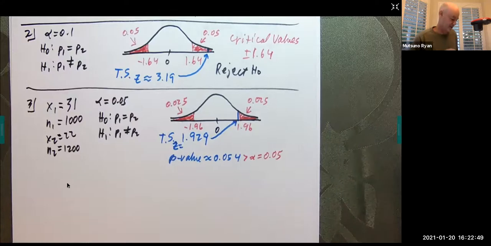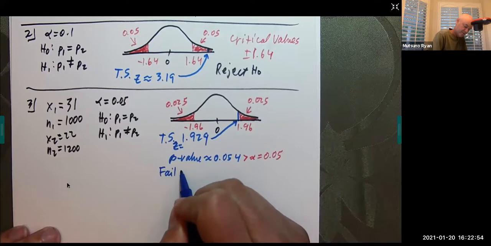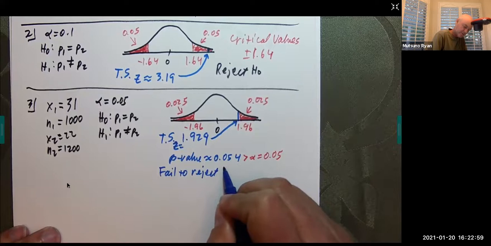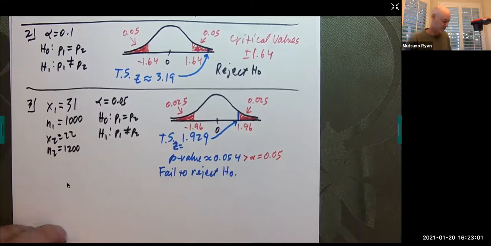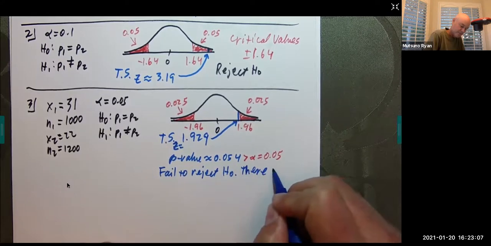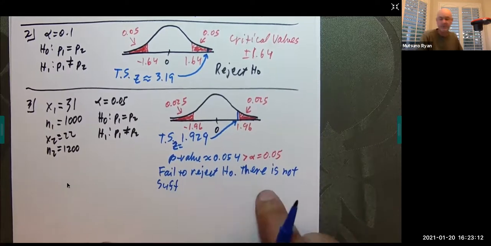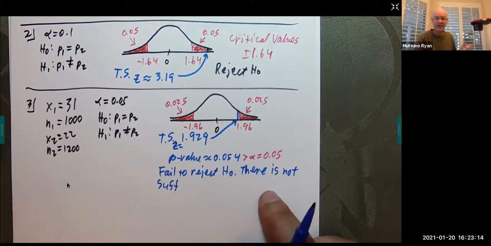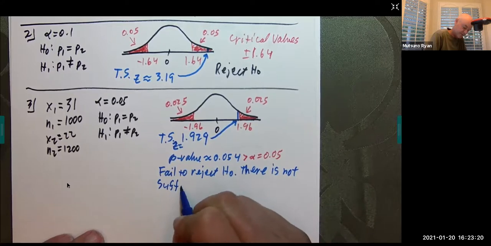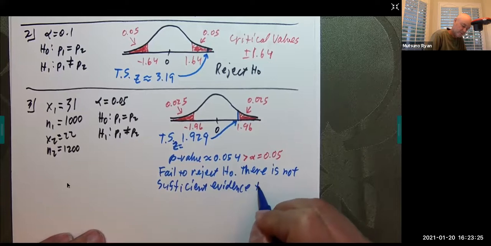So we're going to fail to reject our null hypothesis. So there is not sufficient evidence to support the claim. Now this statement's going to be different than what you're going to see in the answer key because I changed the claim to be the not equal to.